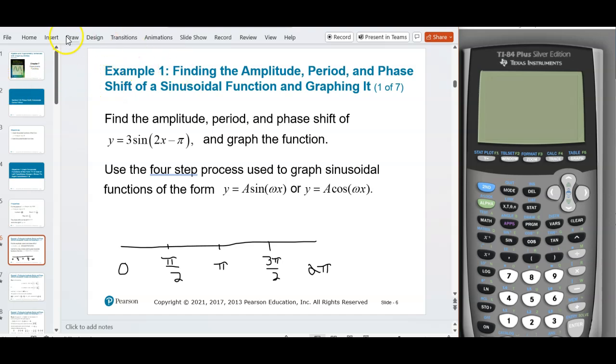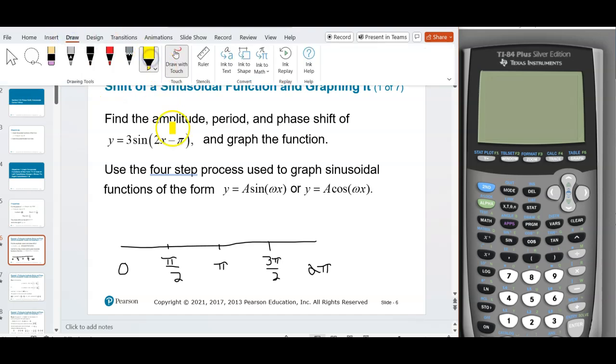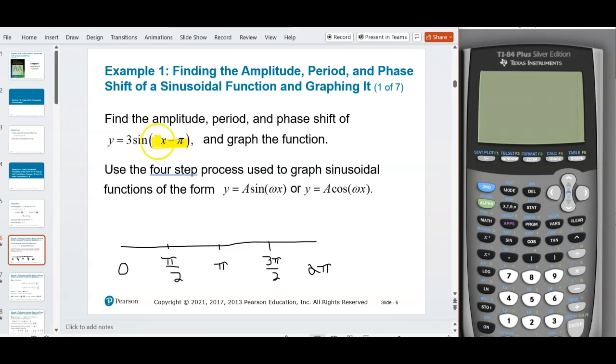So what we're going to do is set whatever is in the parentheses equal to 0 and equal to 2 pi, and then solve that equation, and that will tell us where 0 goes and where 2 pi goes.